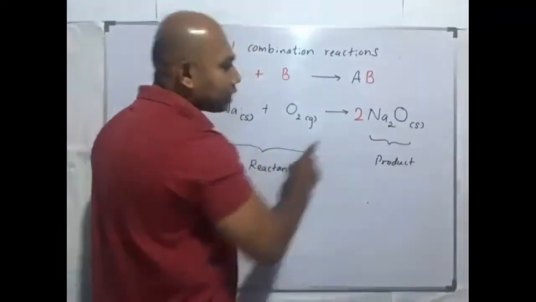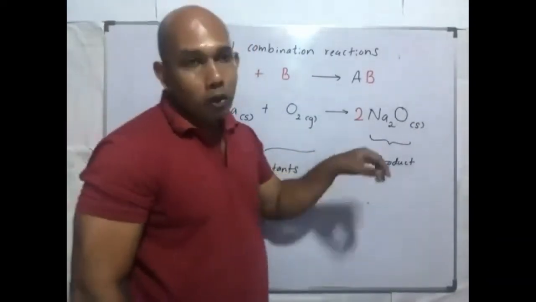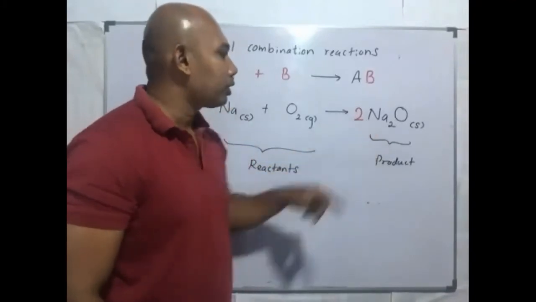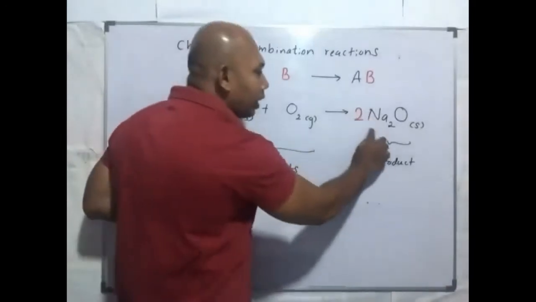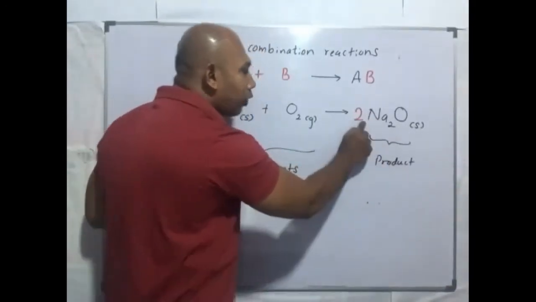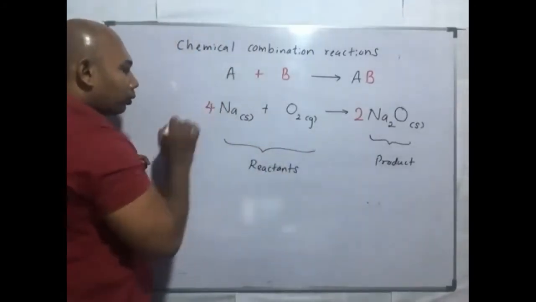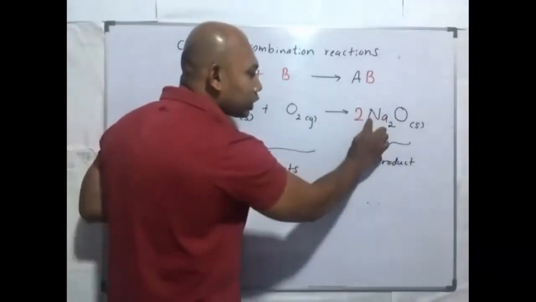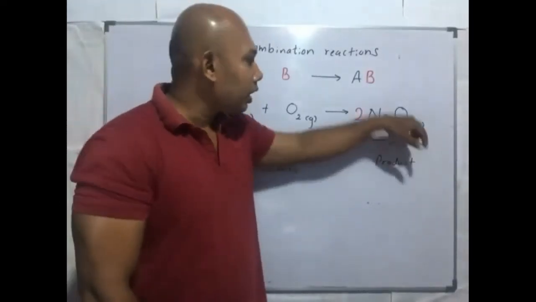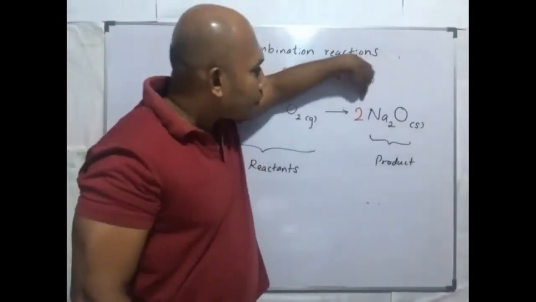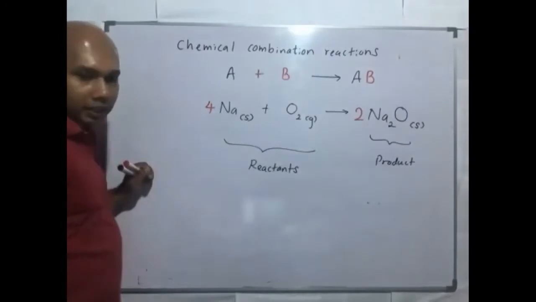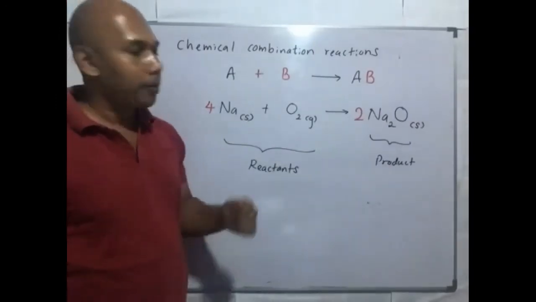You know about that value, number of moles. Then how many sodium atoms? 2 into 2, 4. Sodium 2 into 2, 4. Here you have to write 4. How many oxygen? This 2 is common for sodium and oxygen atoms. Then how many oxygen atoms? 2 into 1, 2 oxygen. Balanced. This is the balanced chemical reaction, right?